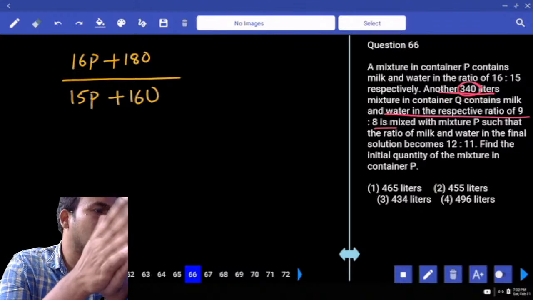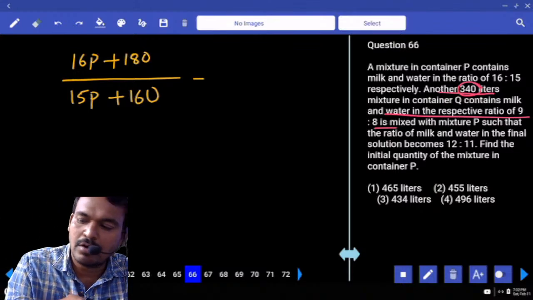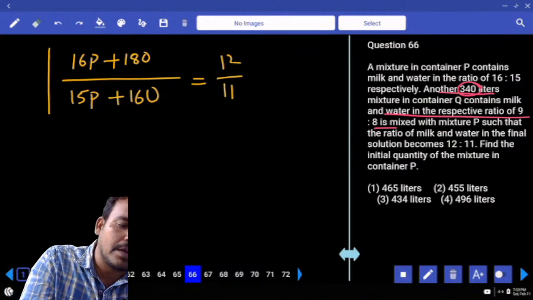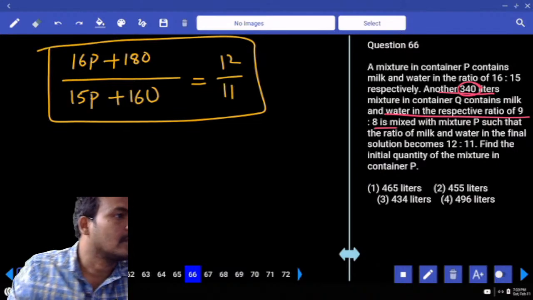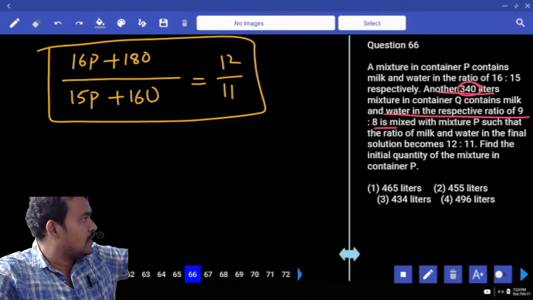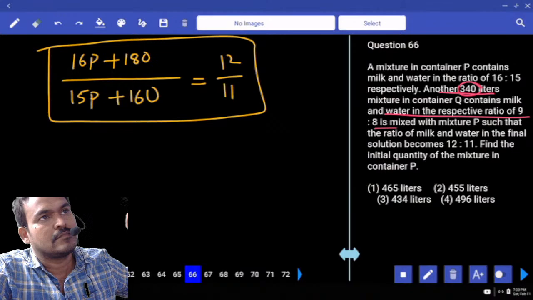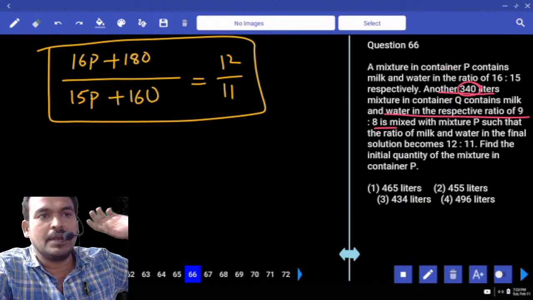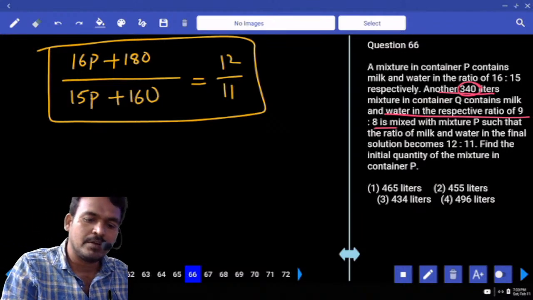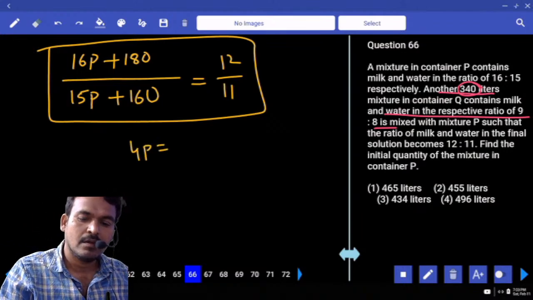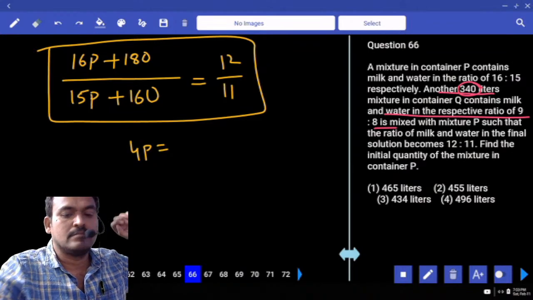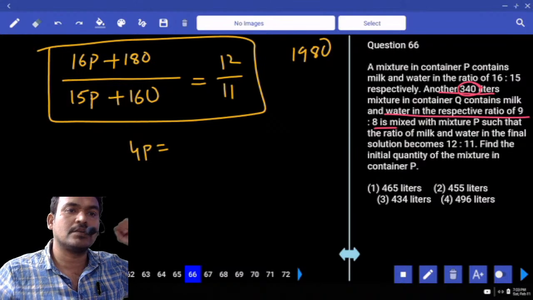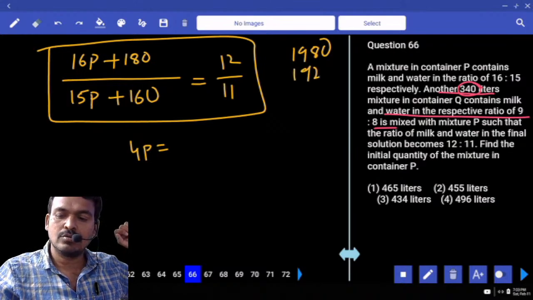These two are added to get the new ratio. What is the new ratio given? 12:11. Solving this, we get the one part value. Just cross multiplication. 11 into 16 is 176. 12 into 15 is 180. The difference between 176 and 180 is 4 parts. 11 into 180 is 1980. 12 into 160 is 1920.